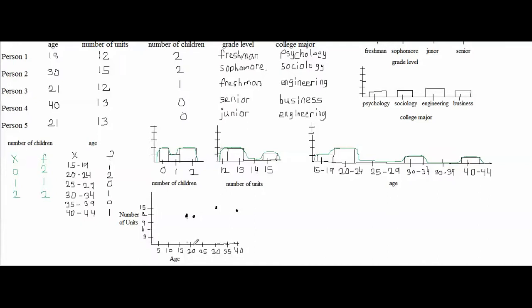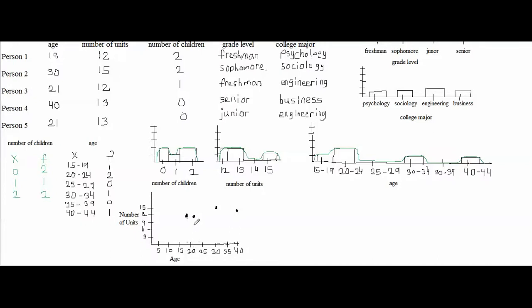And this person is taking 13 units. So before we had a person who was 21 years old and was taking 12 units. Now we have a person who's 21 years old and is taking 13 units. Since they're both 21 years old, they're both going to be at the same place on the x-axis, meaning we're going to have two dots stacked above each other because they're both lined up with 21 down here.